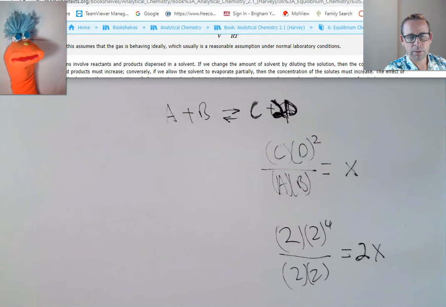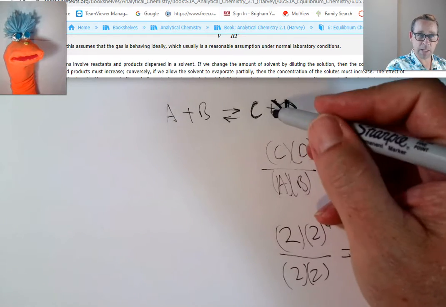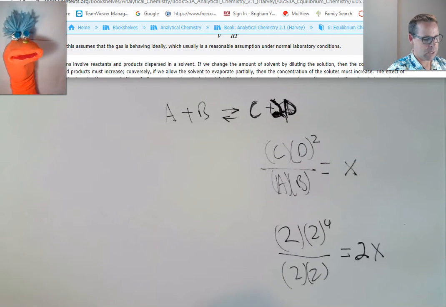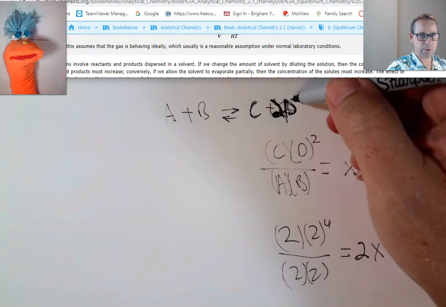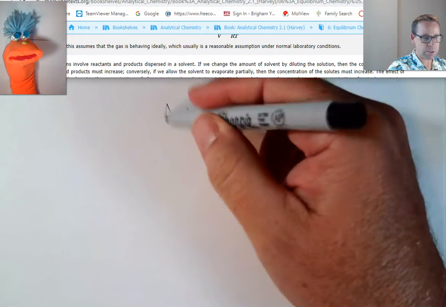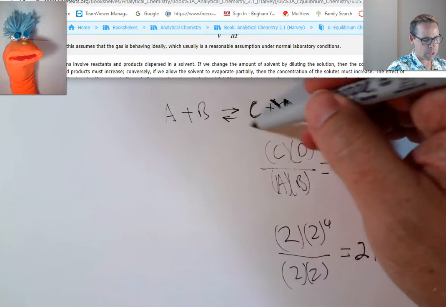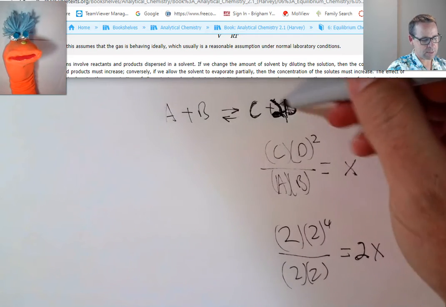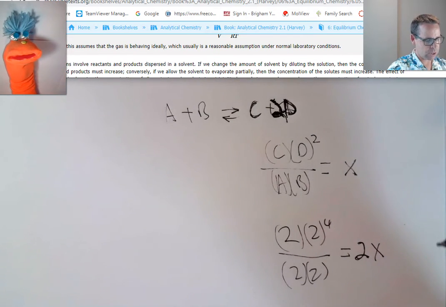It takes more, it's a lower probability, because 3 things need to find each other. But here, only 2 things need to find each other. So if I increase the concentration of everything, then I improve the likelihood of these 2 things finding each other, whereas these ones here, I've increased the concentration, but it's harder for them to find each other.